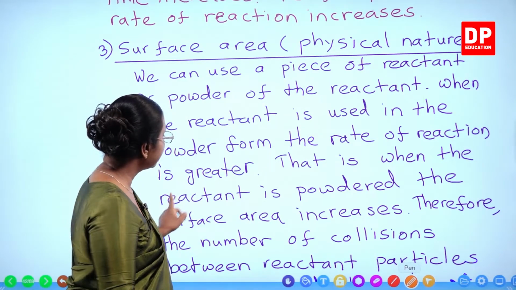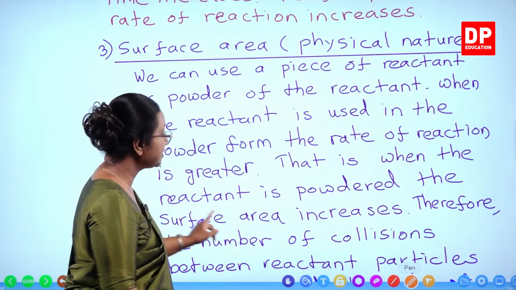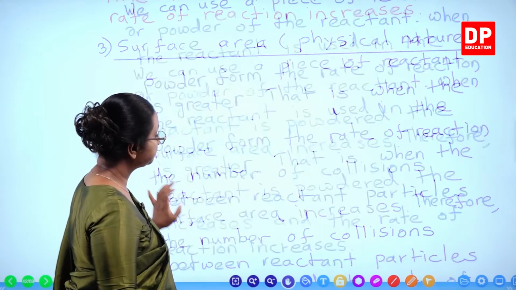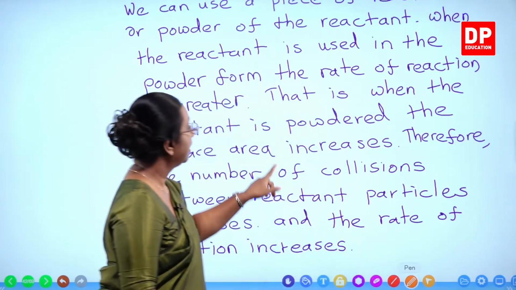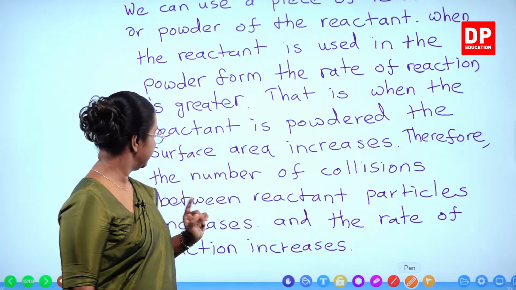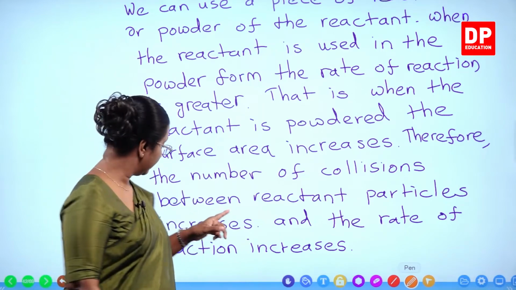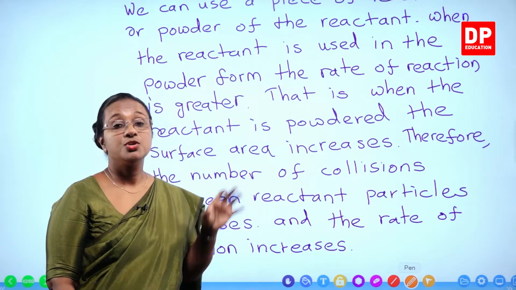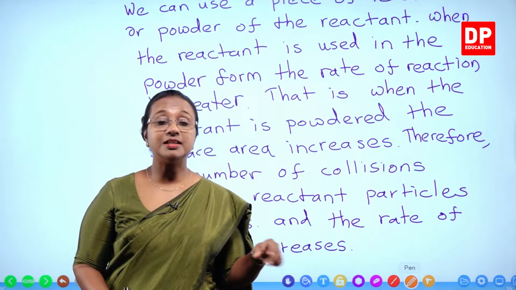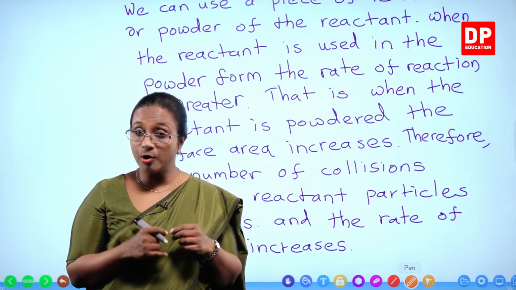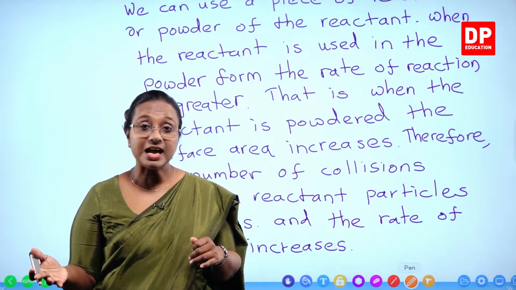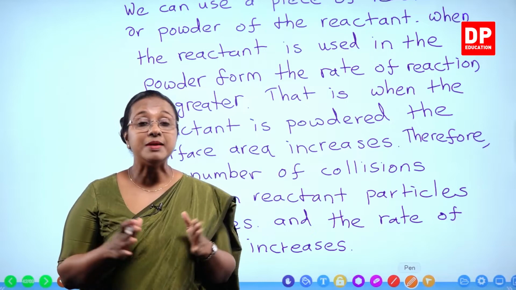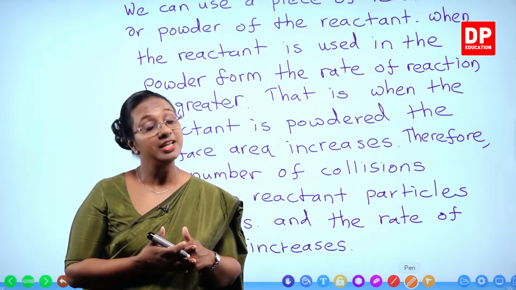That is, when the reactant is powdered, the surface area increases. Therefore, the number of collisions between reactant particles increases and the rate of reaction increases. So, with a piece of reactant versus a powdered reactant or smaller pieces, the surface area increases, then the number of collisions increases, and because of that the rate of reaction increases.